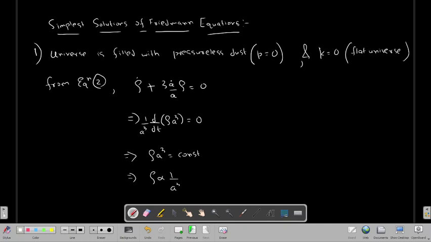So you can see that the density of the universe falls off in proportion to the volume of the expanding universe. This a cubed term is like the volume, the expanding volume, and this is your density.